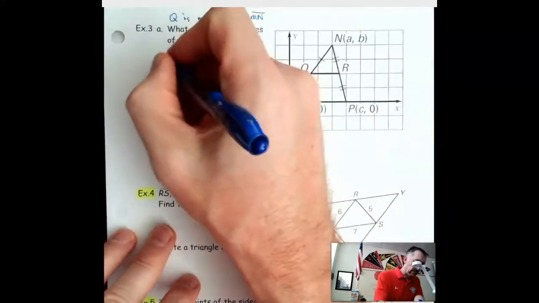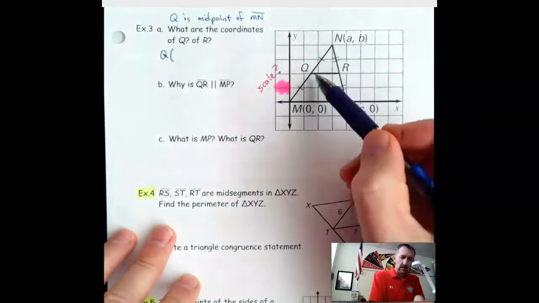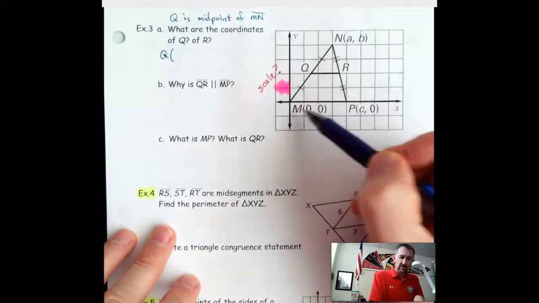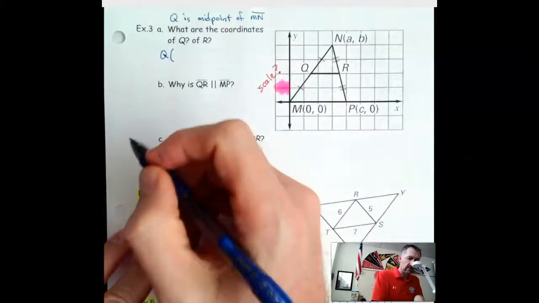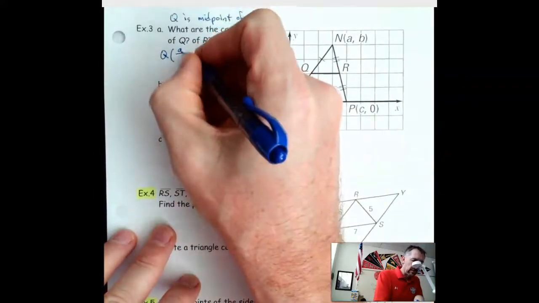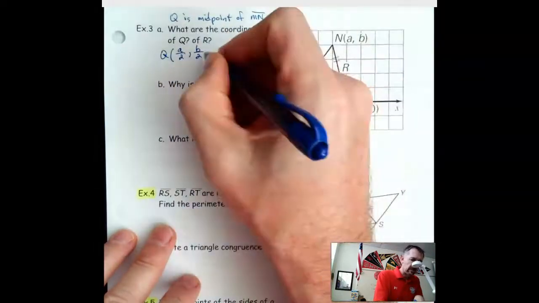All right. So the midpoint formula is the average of the x coordinates and the average of the y coordinates. So a plus 0 divided by 2 and b plus 0 divided by 2.